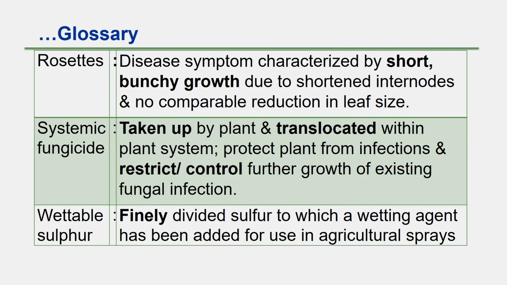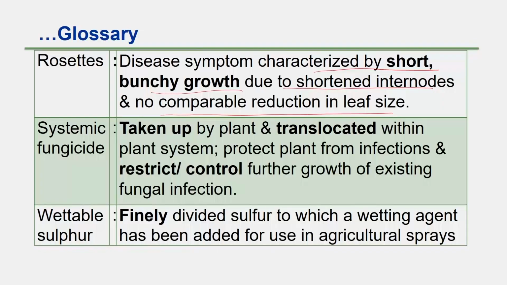Rosettes, so disease symptom characterized by short bunchy growth due to shortened internodes and no comparable reduction in leaf size. Such kind of symptoms are called as rosette, where internode length is reduced and leaves come very close to each other.